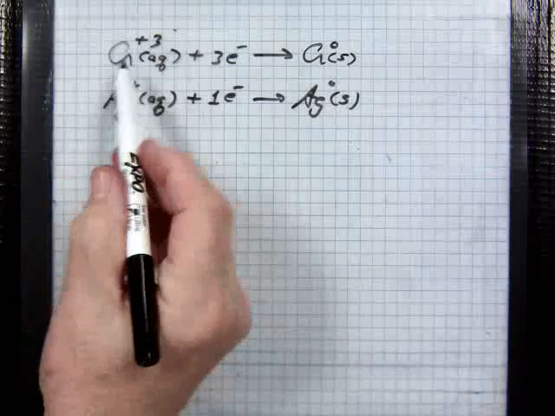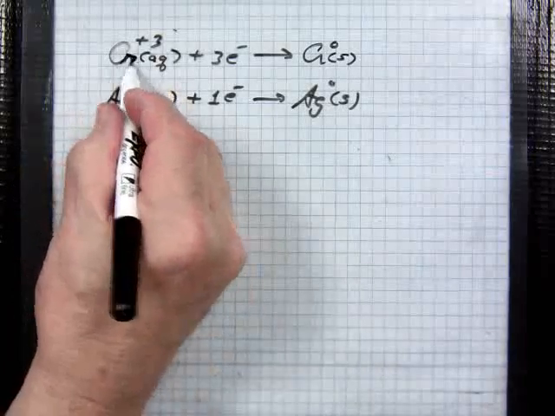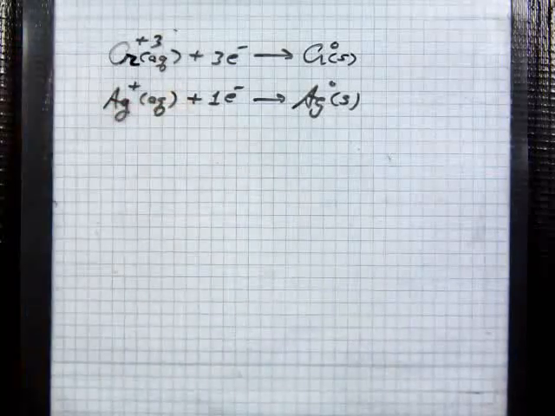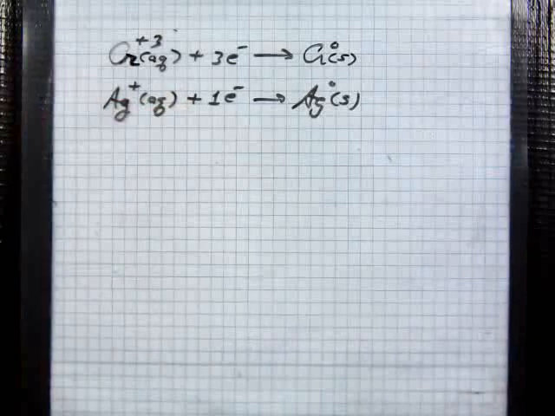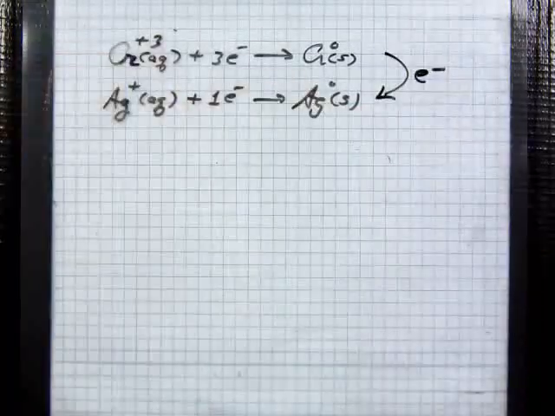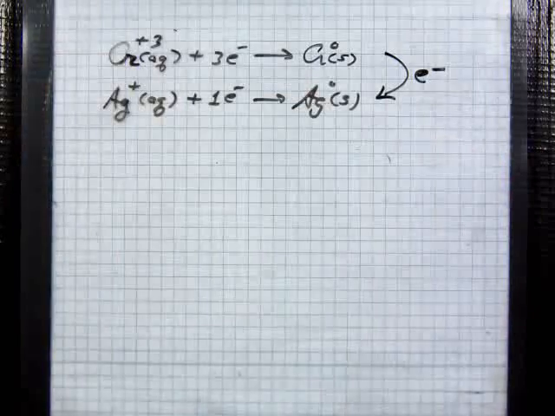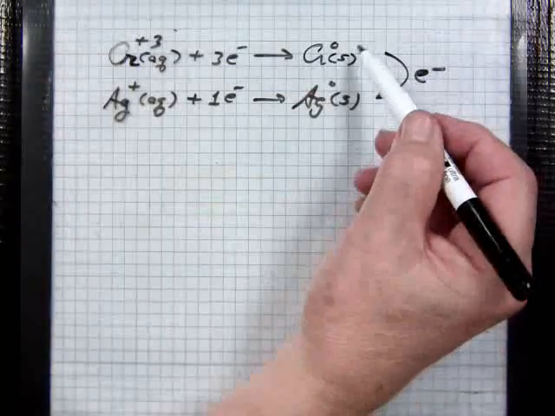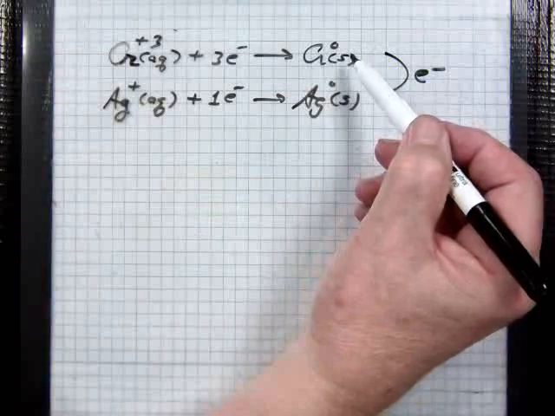But this chrome is higher on that table than is the silver. What that means is electrons are going to flow from that higher reaction down. Well, if that's the case, then this needs to be shown as an oxidation.